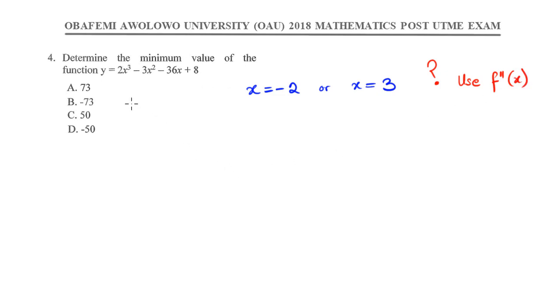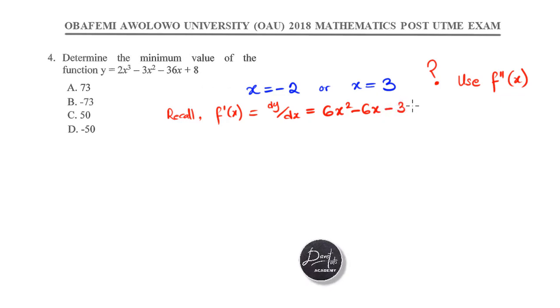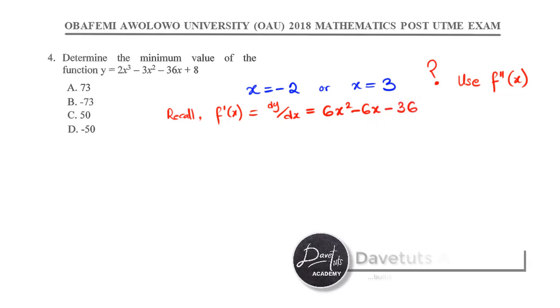So now, to get the second derivative of our function, we need to recall that the first derivative we got to be 6x squared minus 6x minus 36. For us to get the second derivative, we differentiate this first derivative with respect to x.